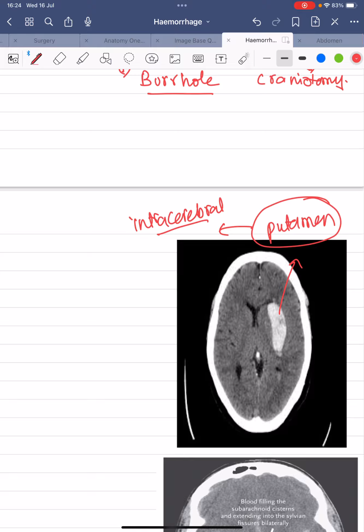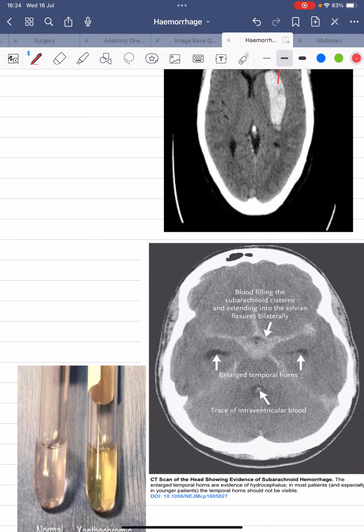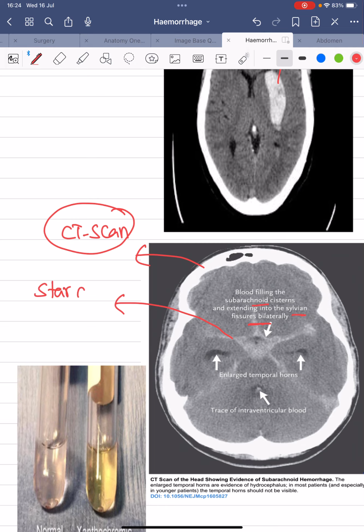Okay, now see this diagram. Once again, this is your CT scan. Okay, and now the blood is filling in the subarachnoid cisterns and into the sylvian fissures. So this sign is known as star of death, and this is seen in patients with what?